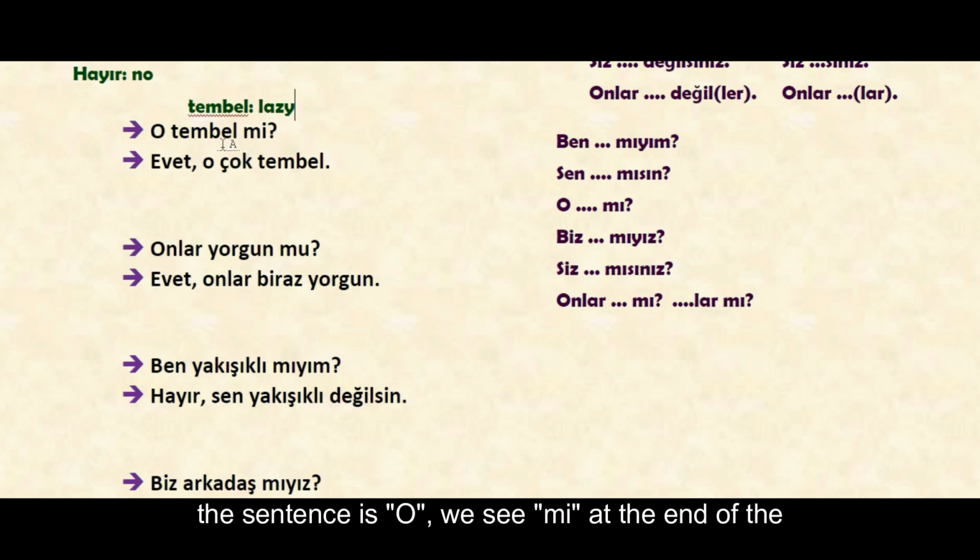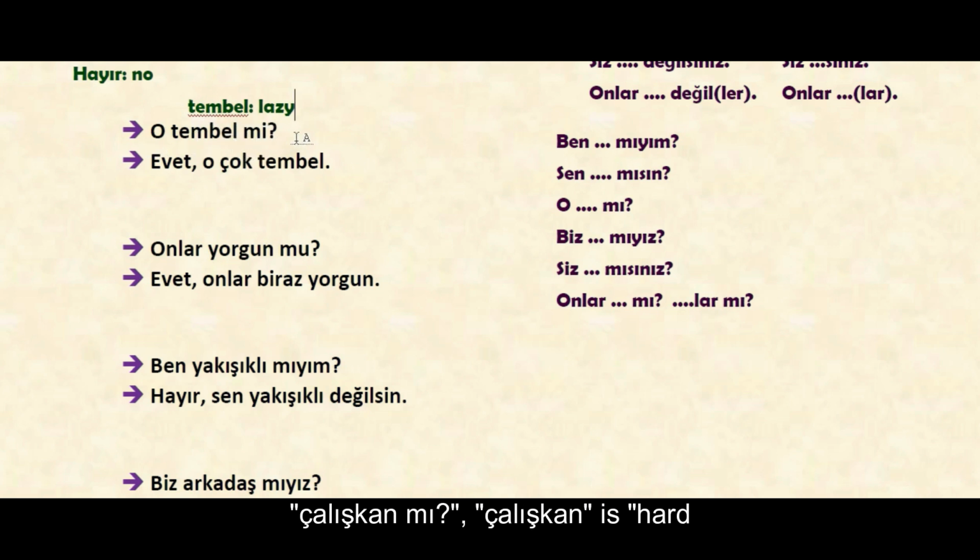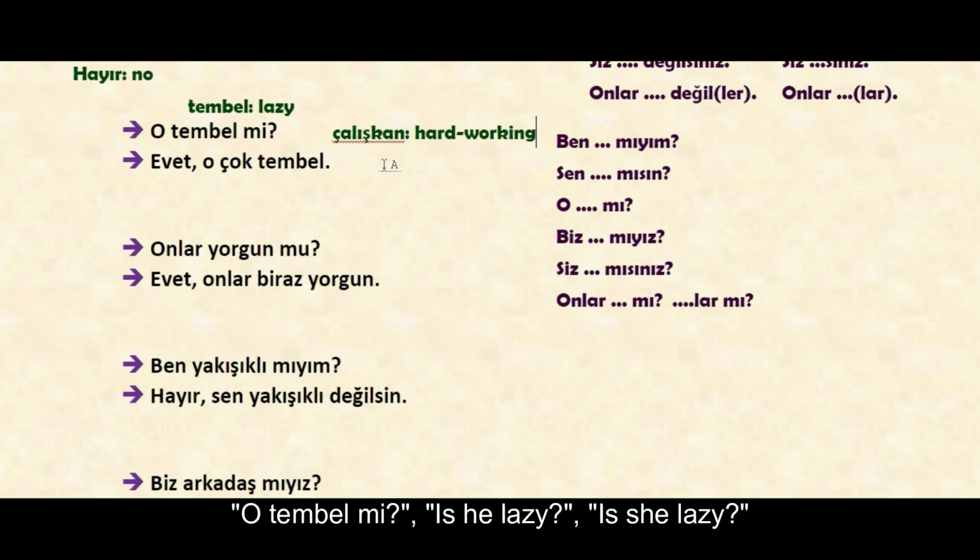We see mi at the end of the sentence, because we are asking if he is lazy or something else. We are actually asking this: tembel mi or çalışkan mı? Çalışkan is hardworking, diligent. So we are asking in that way, çalışkan mı? Hardworking. O tembel mi? Is he lazy?